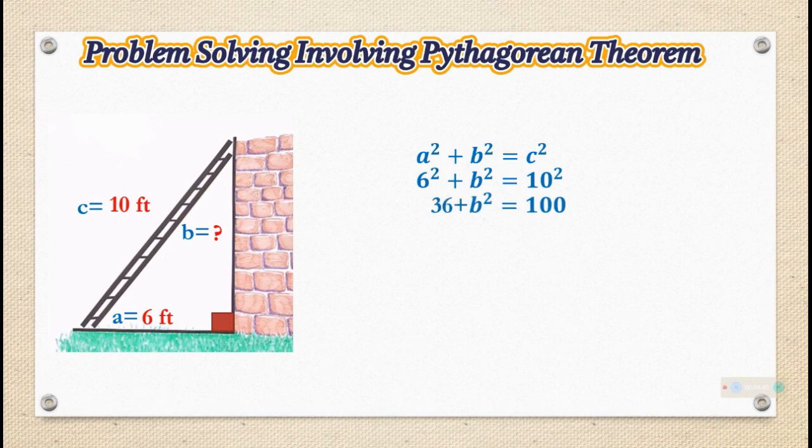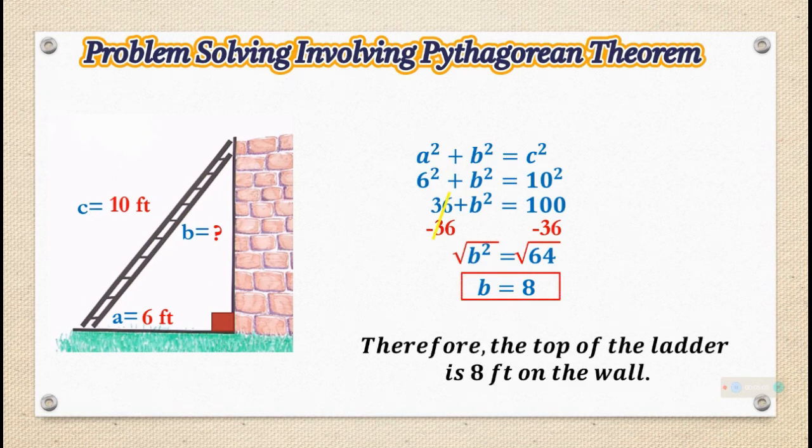And simplifying 6 squared and 10 squared, we will have 36 and 100. And by addition property of equality, B squared is equal to 64. So getting the square root of both sides, we will have B equal to 8. Therefore, the top of the ladder is 8 feet up the wall.